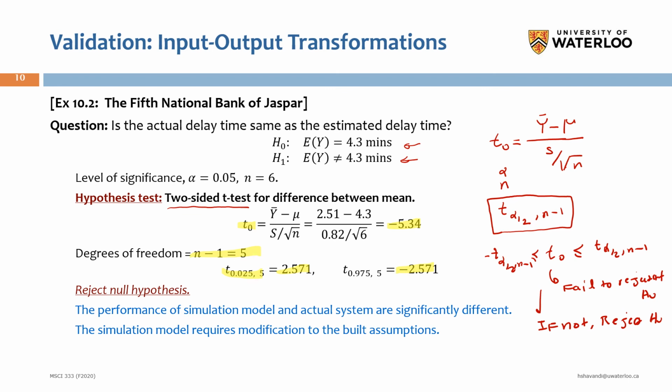So as you see here, the minus 5.34 doesn't lie between the interval of minus 2.57 up to 2.57, right? So because of that, we reject the null hypothesis. So by this hypothesis test, we conclude that the simulation model is not validated. Okay, so because its behavior is not matching with the behavior of the real system.